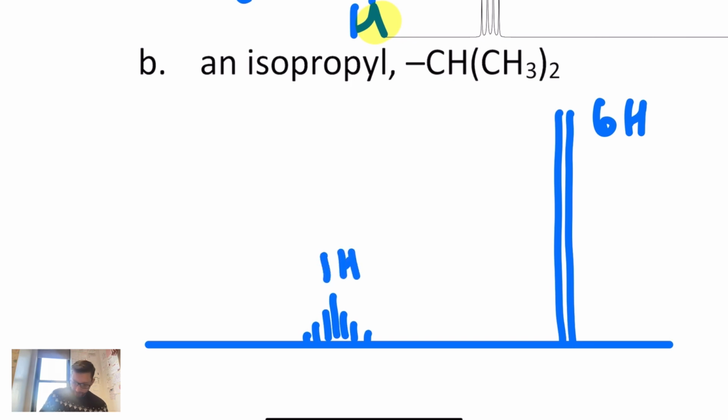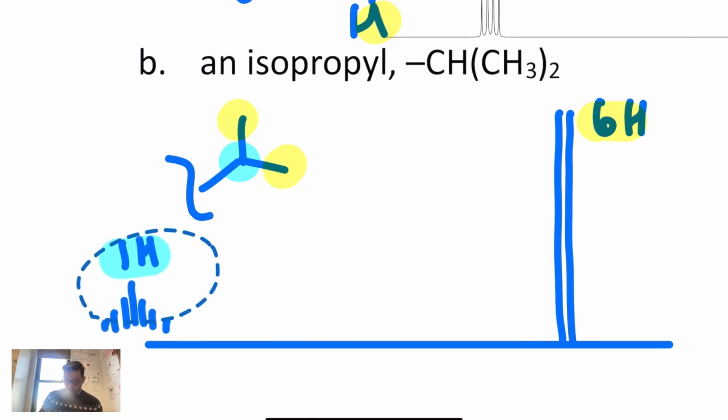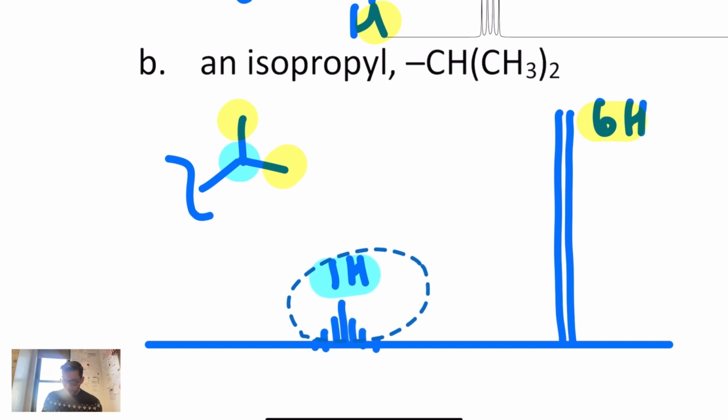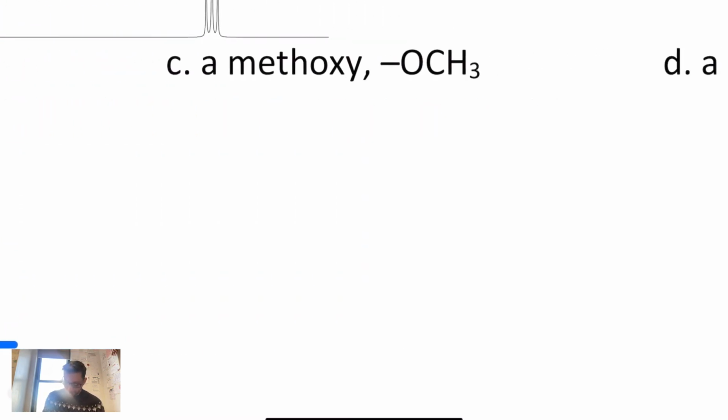That's because if you think about what an isopropyl group looks like, you have 6 identical H's for the 2 methyls and then 1 other for the multiplet. The splitting and the location of the multiplet depend on what else is attached. If it's an O-isopropyl, then this signal is certainly shifted farther to the left, but it depends on what's there.